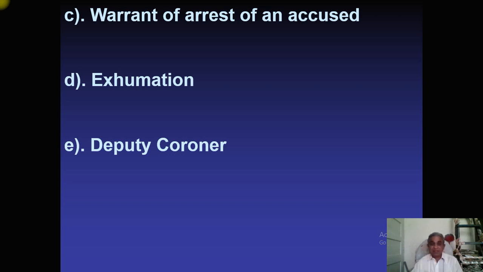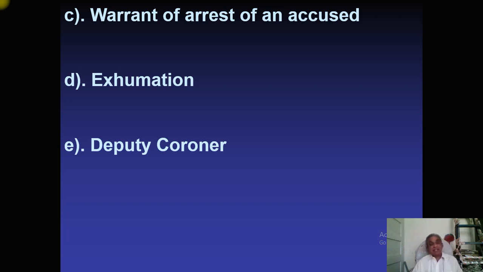Then number 4, he can order an exhumation. Again, it is the coroner who will decide whether an exhumation should be done or not, whether it will remain fruitful or not. In Pakistan, it is decided by the police.